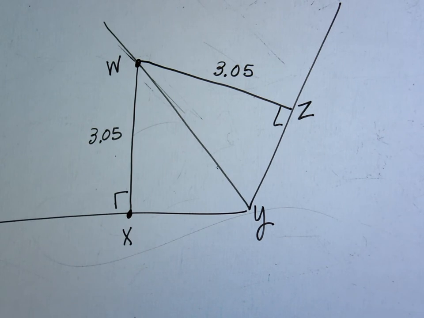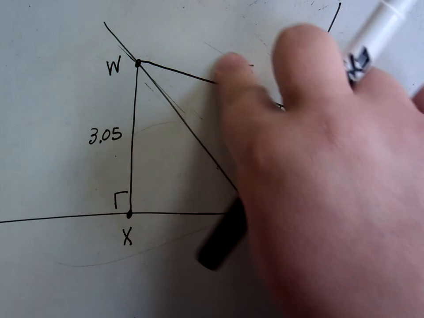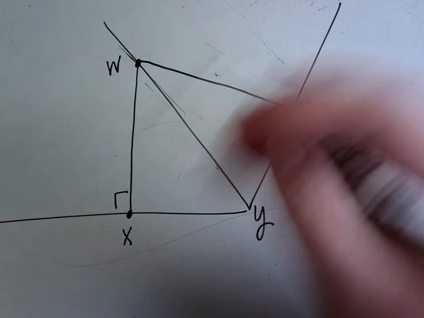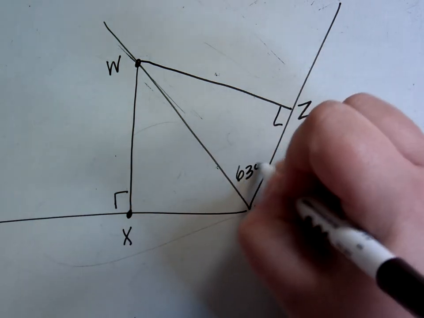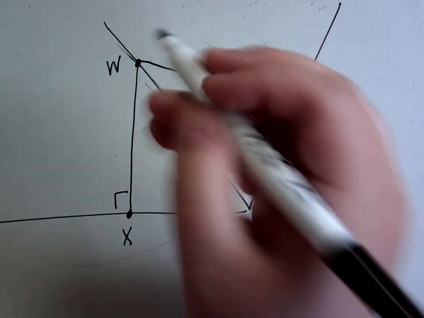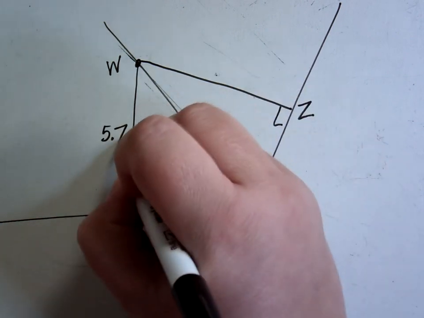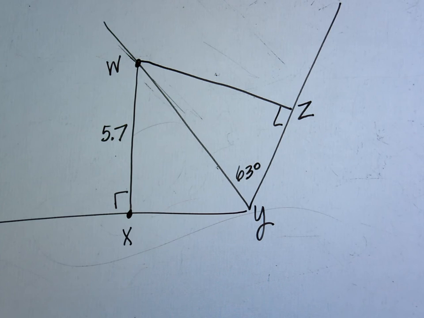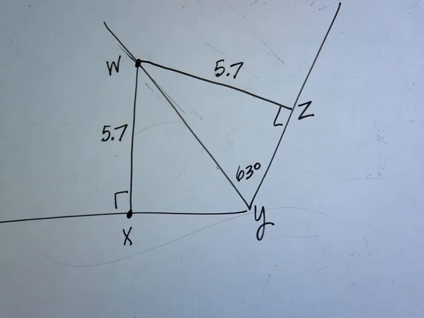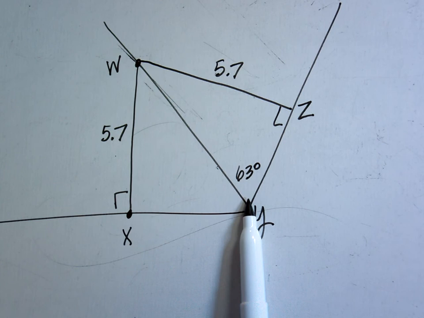The next one says given that angle WYZ is 63 degrees. That's right here. XW is 5.7. And ZW is 5.7. Well, you didn't really have to give that. Well, sort of. Maybe so. Find the measure of XYZ. Okay, yes. This one did not start out telling me that this was an angle bisector.